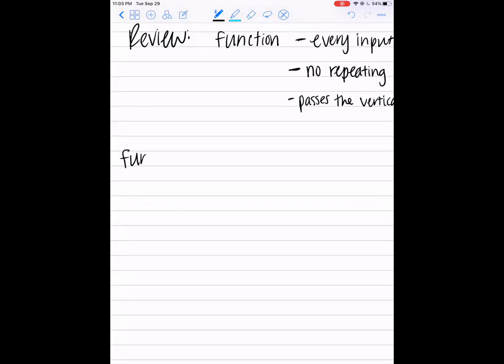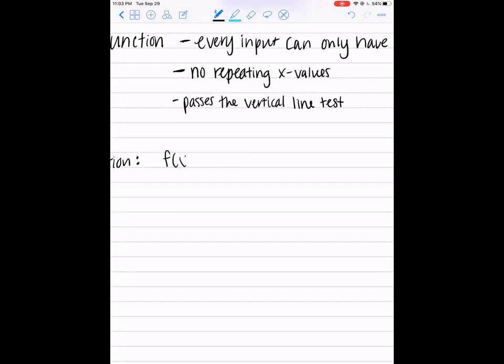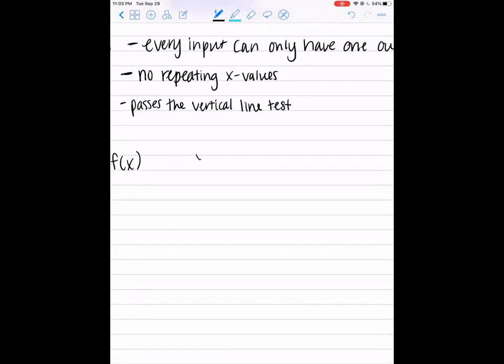Function notation. The most common function notation is f of x, and that is read as f of x.